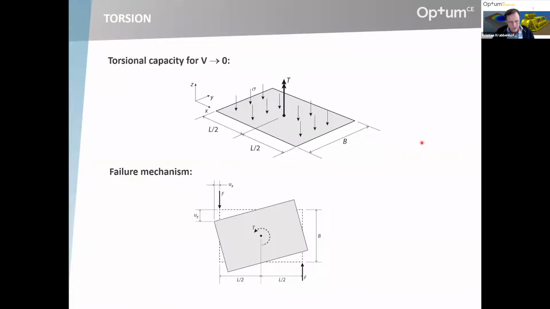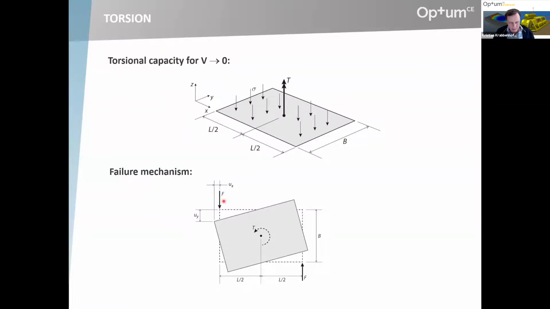What would this limiting torsional capacity be? So basically, for a vertical force tending to 0, what is this torsional limit? And so we considered this type of situation, a general rectangular foundation, B by L, some normal stress generated by the vertical force, and then what is the maximum torsional moment?